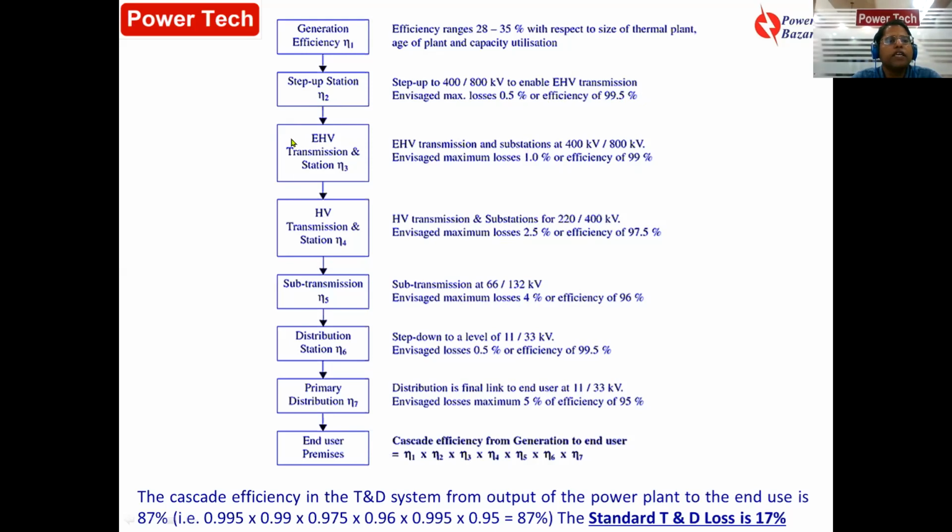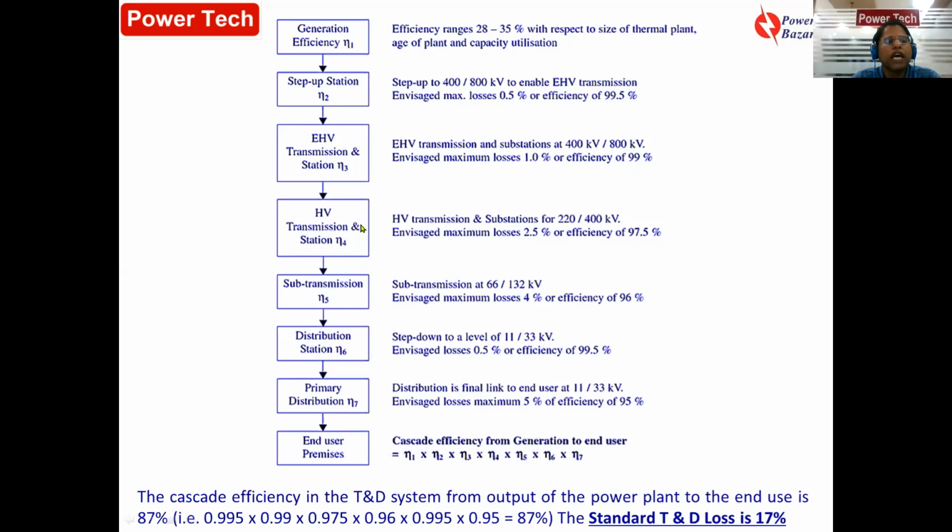Then if you have EHV transmission, the power supply will have to travel around 1000 km or 500 km in the EHV transmission system. So there will be losses of 1%, let us say. These are assumed losses, but typically the range is around this. So 1 minus 1% is the efficiency of the EHV, N3 is 99%.